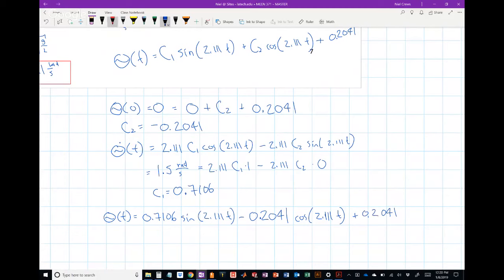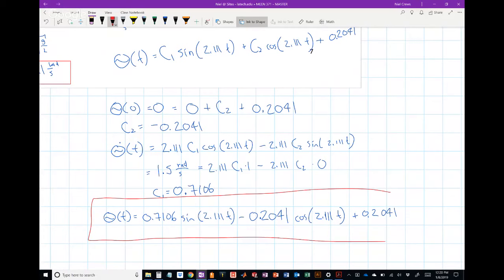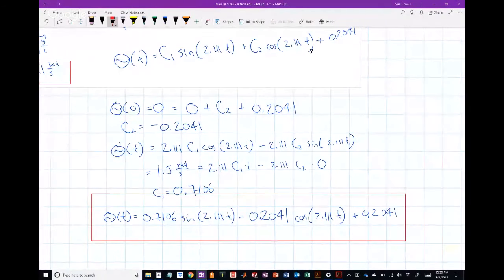Okay, so this is the equation. We can see that this is the radian frequency at 2.111, and I would need you to identify that in order to get the points as the radian frequency, to get a point to the lagniappe.